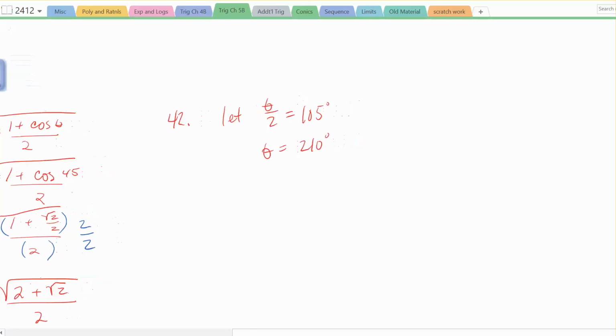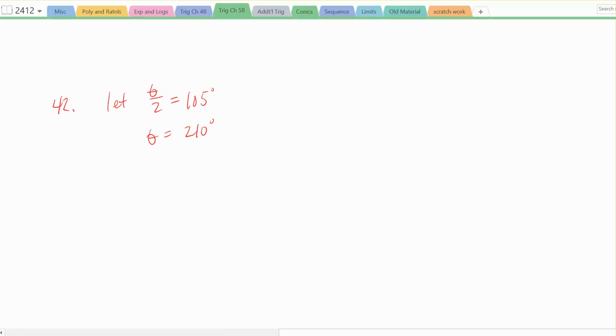Again, 210 is a value off the unit circle I know, so this is going to work out for me. So I'm trying to find the sine of theta over 2, because that's 105, which is equal to, according to my formula, the square root of 1 minus the cosine of theta, divided by 2.